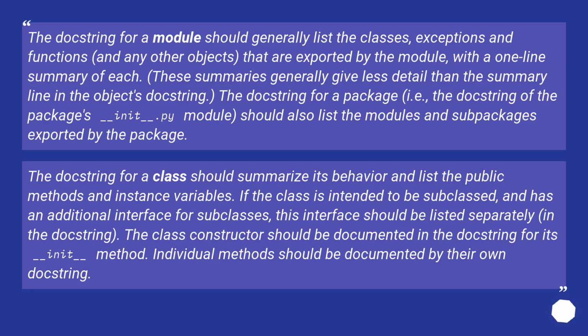The docstring for a class should summarize its behavior and list the public methods and instance variables. If the class is intended to be subclassed, and has an additional interface for subclasses, this interface should be listed separately, in the docstring. The class constructor should be documented in the docstring for its __init__ method. Individual methods should be documented by their own docstring.